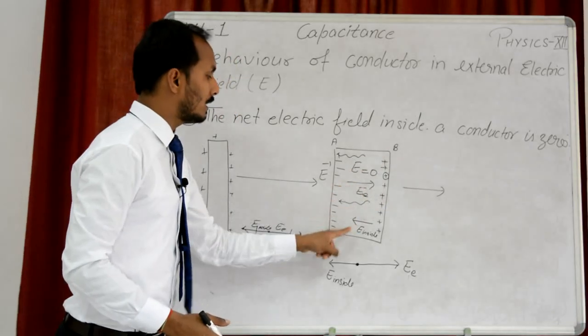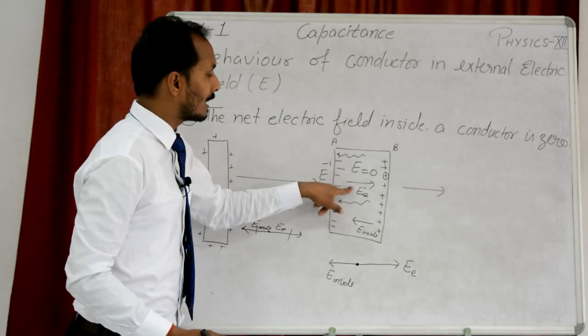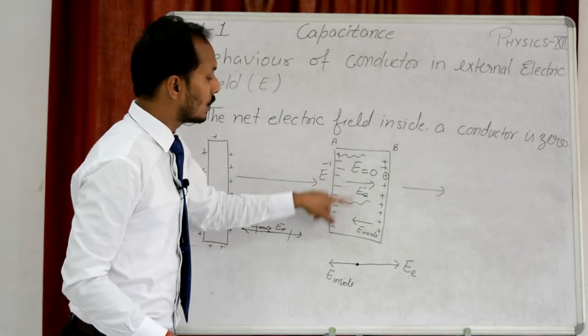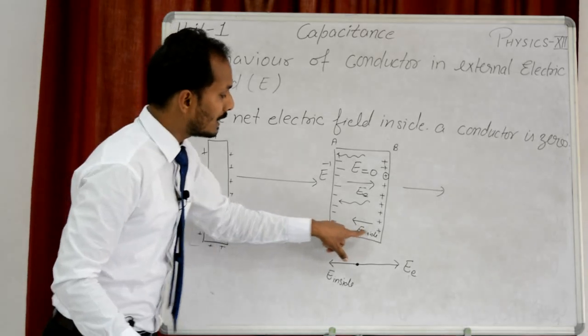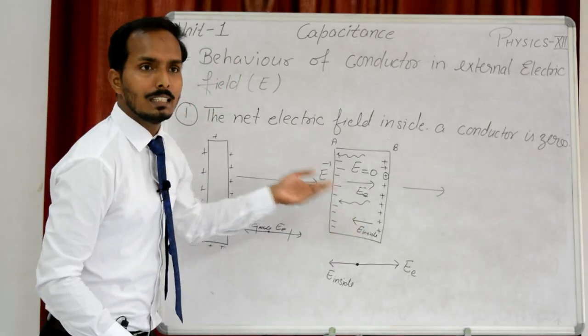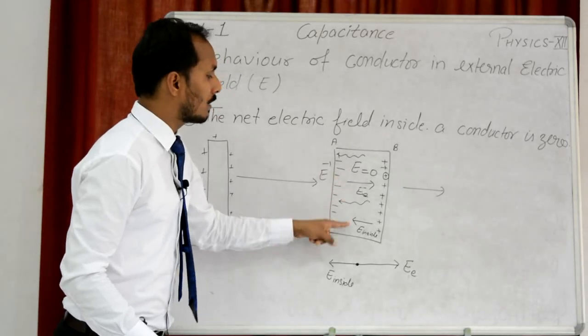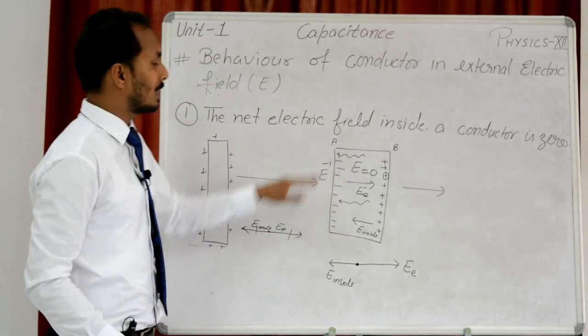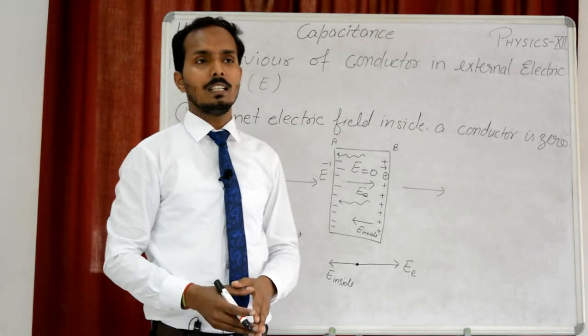It creates an electric field inside the conductor, and against the external electric field, they cancel out. The induced field increases until it becomes equal to the external electric field and the net effect is zero. In this way, the net electric field inside a conductor is zero.